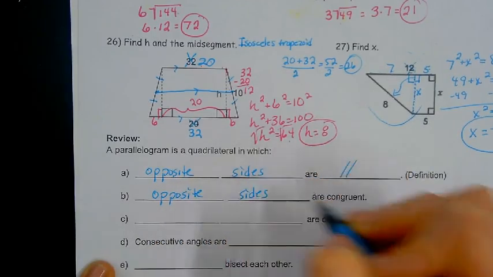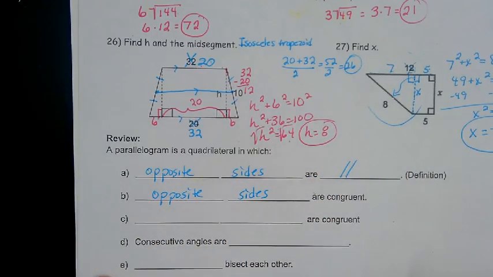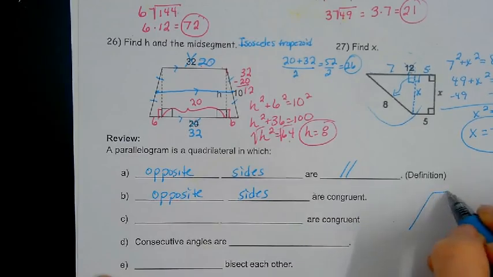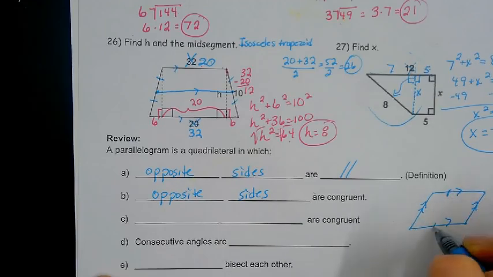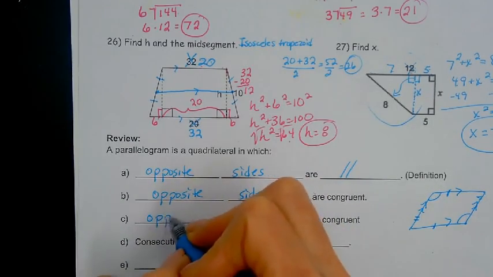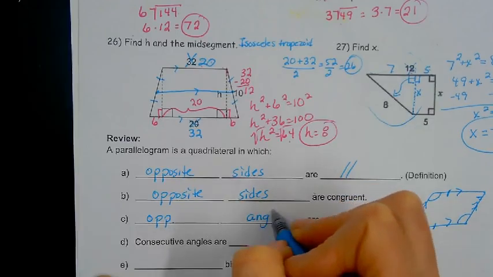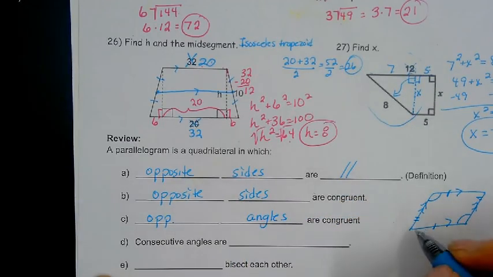Opposite sides are parallel. Opposite sides are congruent. What about the angles? Opposite angles are congruent. And consecutive angles, ones that are right next to each other, are supplementary. They add up to 180.